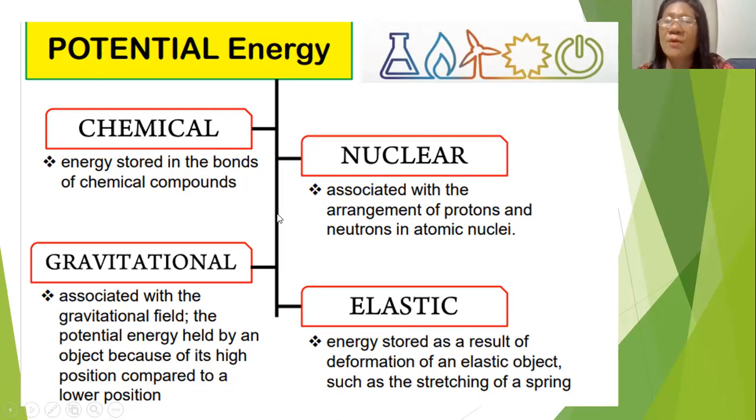Then the third type of potential energy is nuclear. If you talk about nuclear, of course, it has something to do with two subatomic particles, the protons and the neutrons, which reside in the atomic nuclei. The most powerful form of energy is nuclear, which could kill lives.